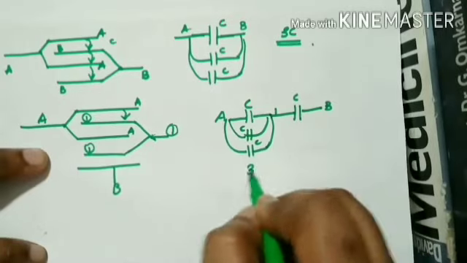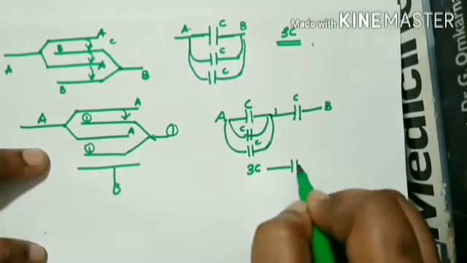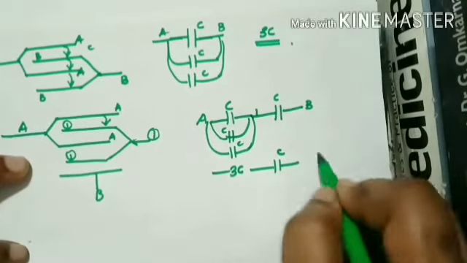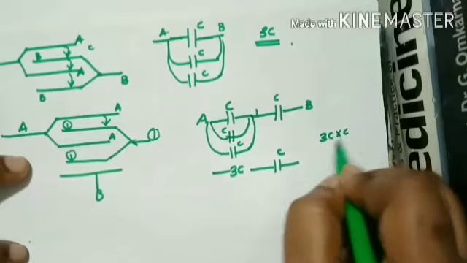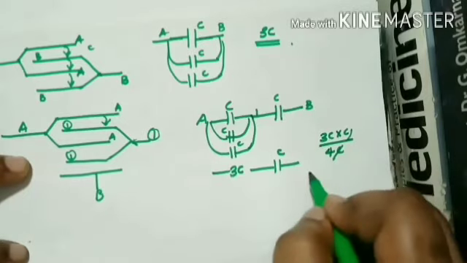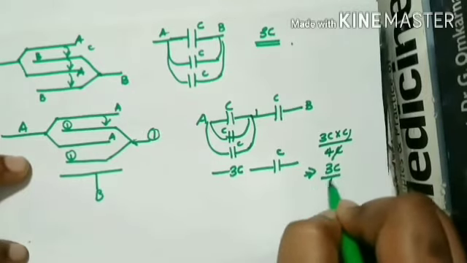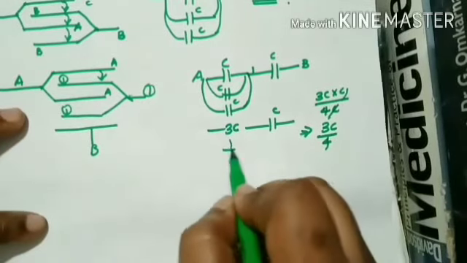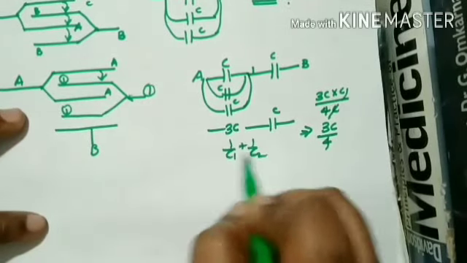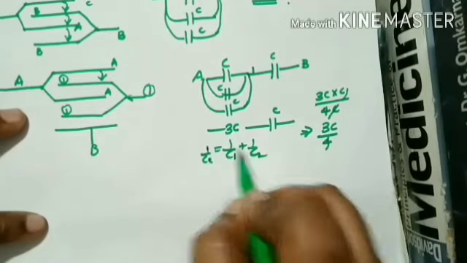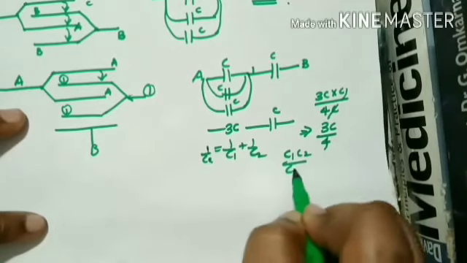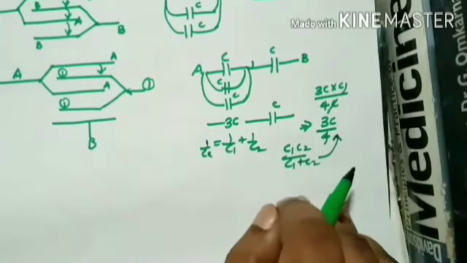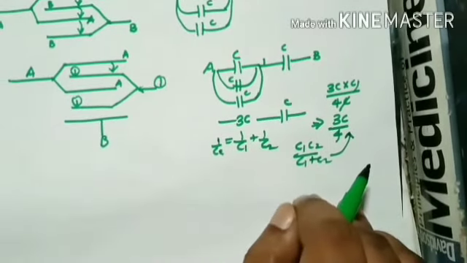This will be 3C in series with C. Series means 3C into C divided by 4C. You can cancel. The equivalent capacitance is 3C by 4. You remember, when two capacitors are in series, it is 1 by C equivalent equals 1 by C1 plus 1 by C2, or you can write it as C1 C2 divided by C1 plus C2. I did it by this method. Clear? This type of circuit is usually seen.